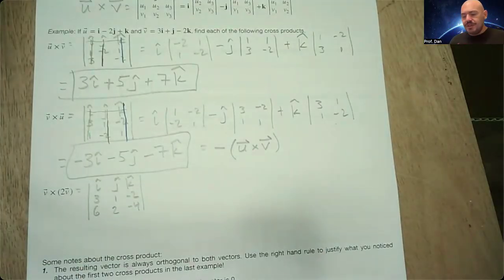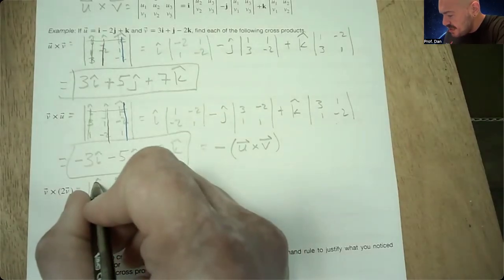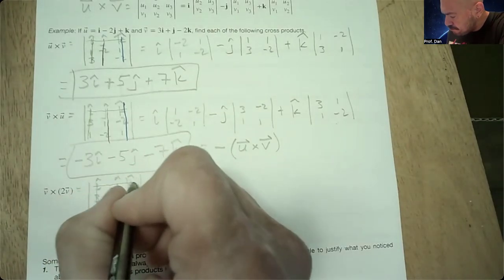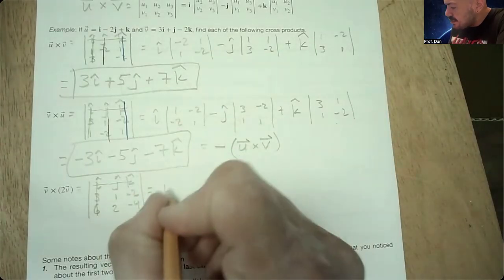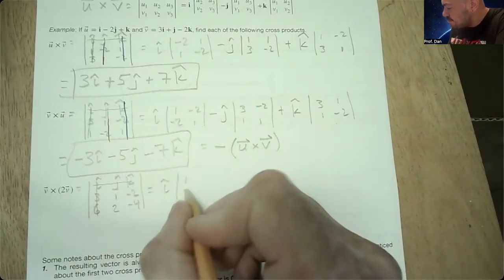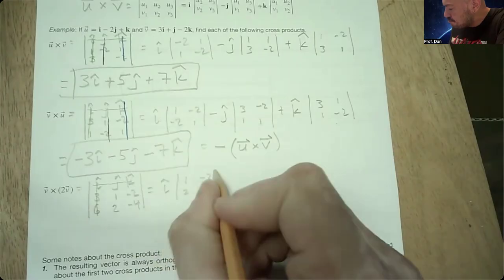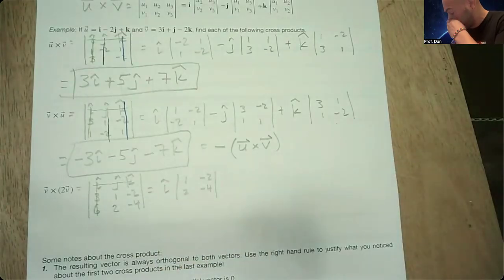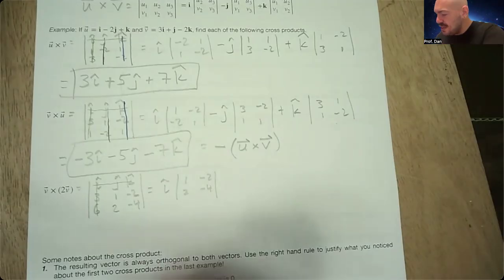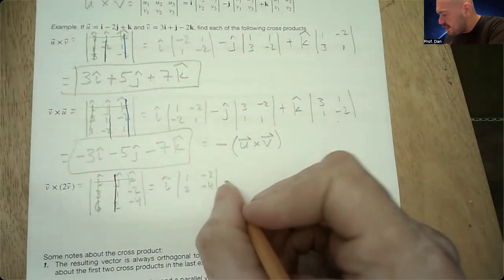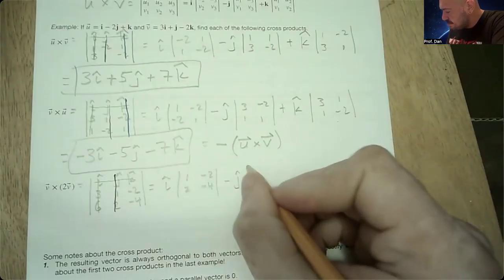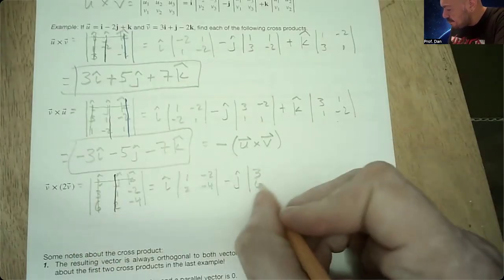All right, now I've got my determinant set up, and we go just like before. So if I take out the i column, we get i multiplied by this determinant. Okay, and then if I take out the second column, we have minus j times this determinant.